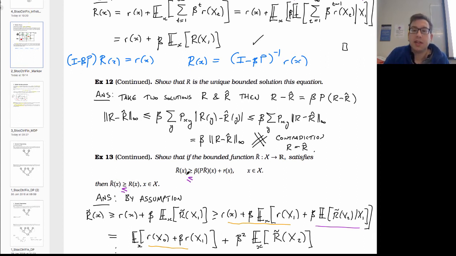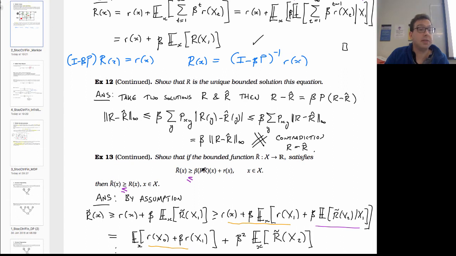So rather than having R tilde in this lemma, we're going to apply this exercise 13, with P being the transition probabilities of policy I of pi, and with R tilde here being the rewards from the policy pi. Okay? So I can directly apply exercise 13 here.